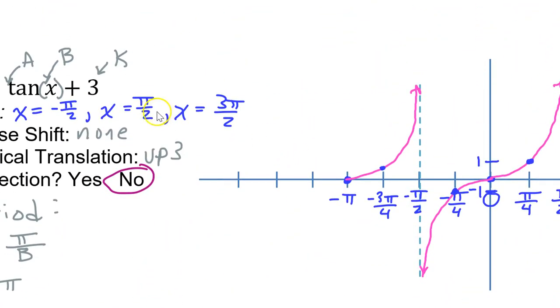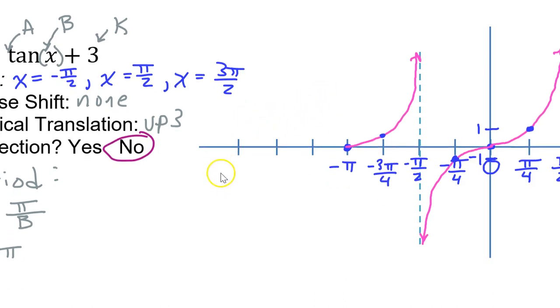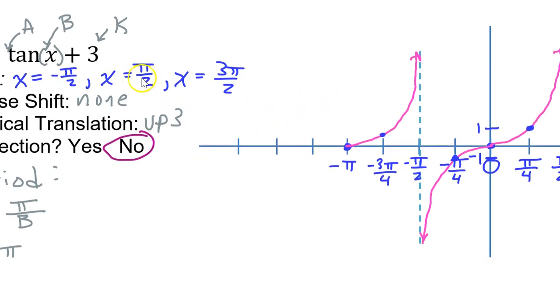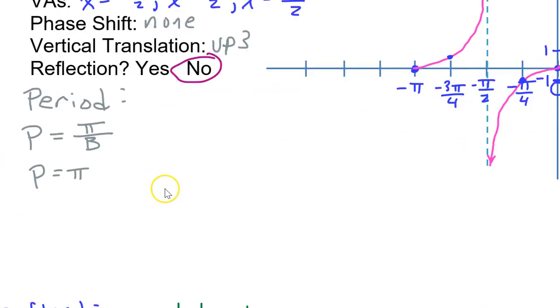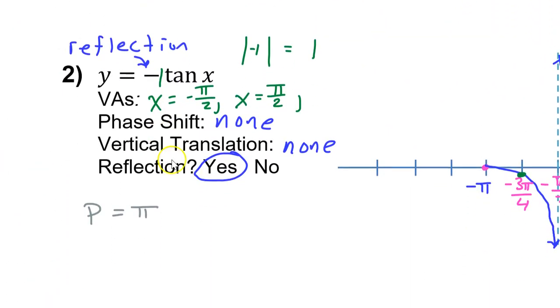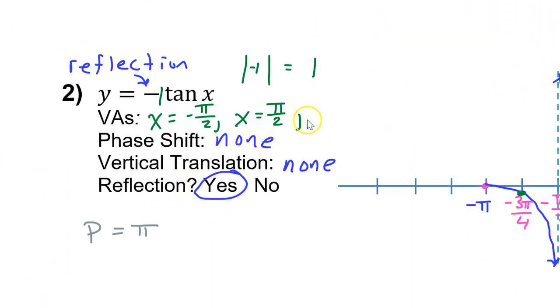We did this on the last problem. These are odd values. This is like 1 pi over 2, 3 pi over 2. If I kept going, it'd be 5 pi over 2, 7 pi over 2, 9 pi over 2. So odd multiples are going to give you the asymptotes. So it's the same thing here. So this is going to be x equals 3 pi over 2.